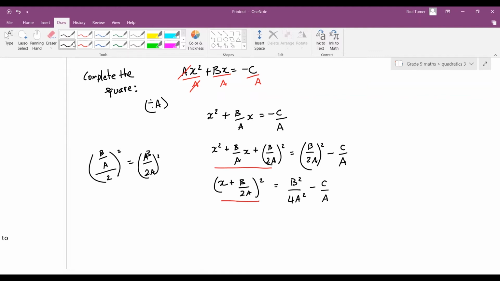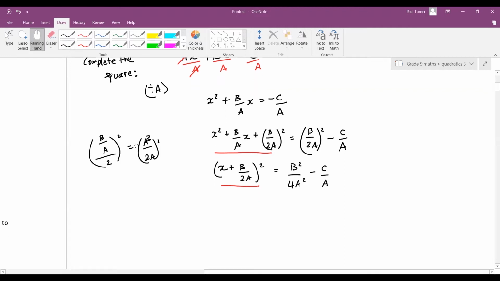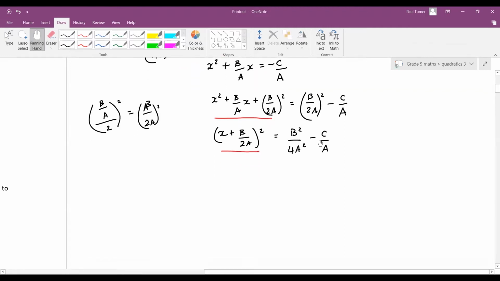So what I'm going to do now on the right side, I will make this into one fraction. So now you've got a 4a squared here, but an a here only. So I'll multiply top and bottom by 4a. This will make a common denominator here. That's why I did that.